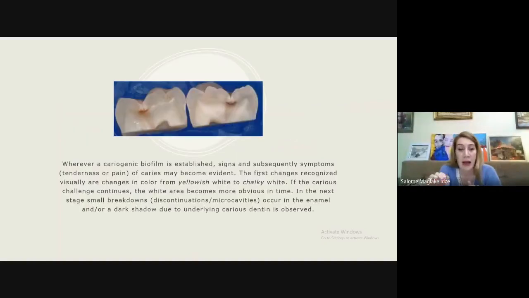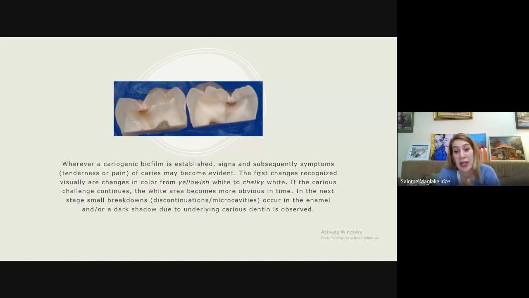When we have cariogenic biofilm, we will consequently have evident symptoms like tenderness or pain, but the first changes to recognize you can usually see by the color.